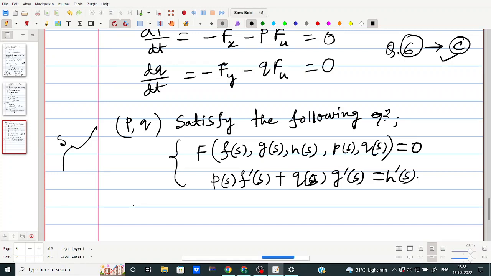Understand? A constant is either a function of another variable or any number, no matter. But it cannot be a function of that variable in which we are taking the derivative. It cannot. Okay. So let me move to the next page.